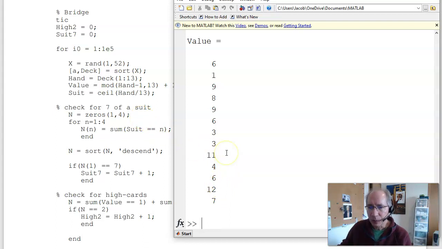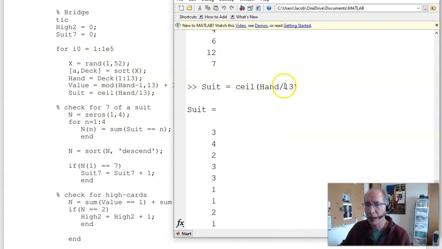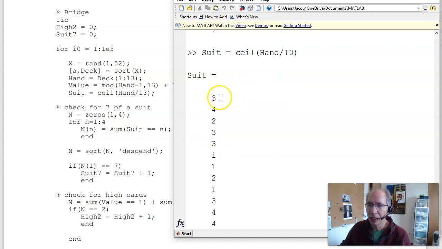And to get the suit, divide by 13 and round up. So here's the suits. Hearts, spades, diamonds, hearts, hearts, clubs, clubs, diamonds, diamonds.